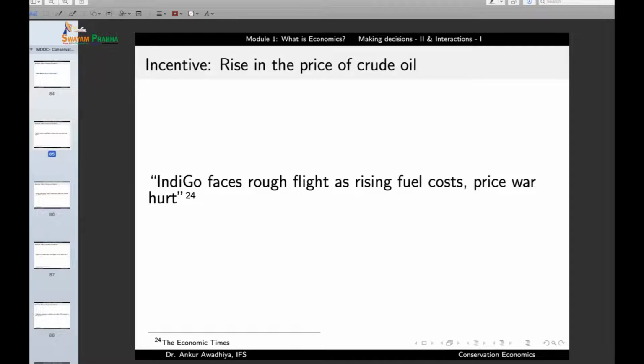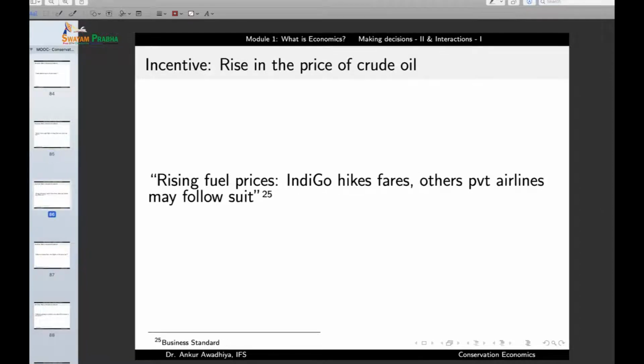This news article is saying that the airline Indigo is now facing a rough time because of the increase in fuel costs. Now, how will the airlines respond? Rising fuel prices, Indigo hikes fares, and other private airlines may follow suit. So Indigo in this case is saying that okay, our cost of operation has gone up and we need to remain profitable, so this cost will have to be given to someone else.